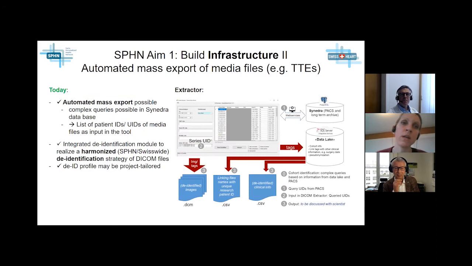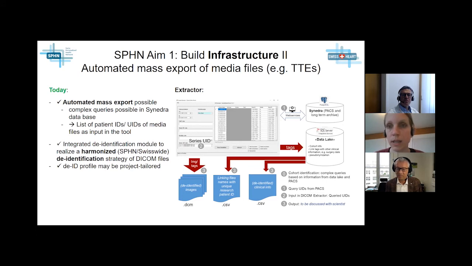So within the SwissHEART project, we were able to set up the possibility to perform an automated mass extraction of not only TTEs from the long-term archive, but also of all kinds of different media files that are stored in the Synodra long-term archive.